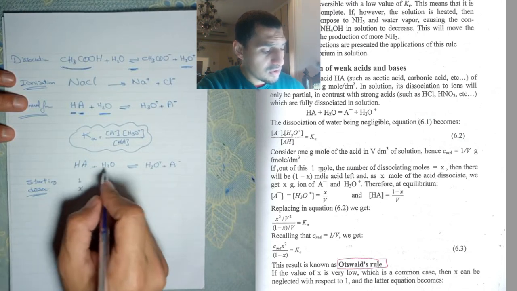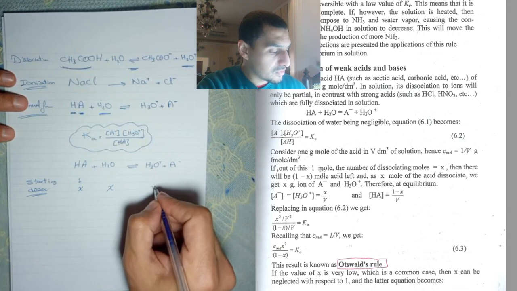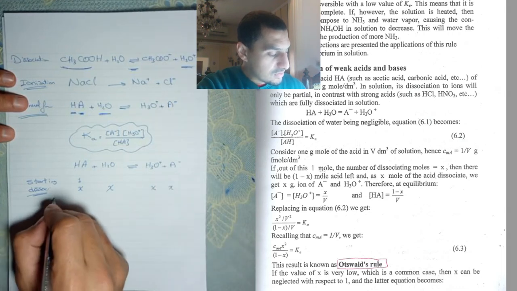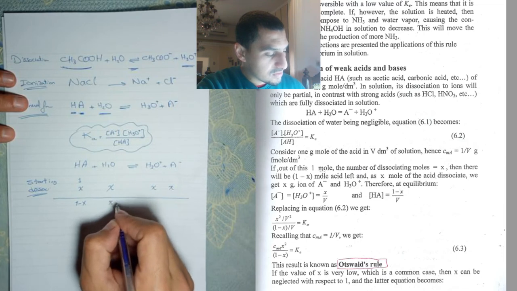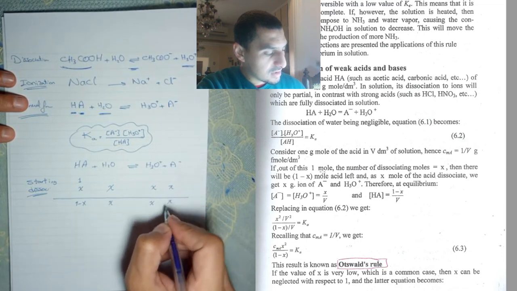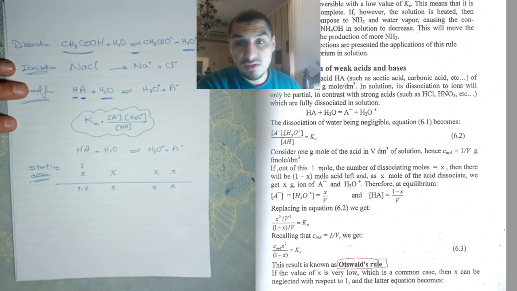I know that because of the balance of the equation. I have 1 to 1 to 1 to 1, and this is going to produce X and X. So the resultant will be 1 minus X moles of acid, X moles, and X moles. So this is the total product out of the dissociation of the acid in water.